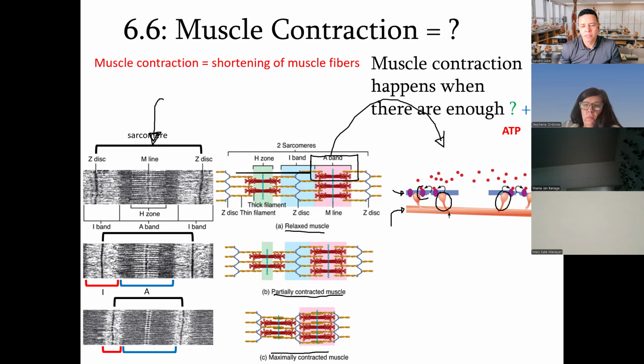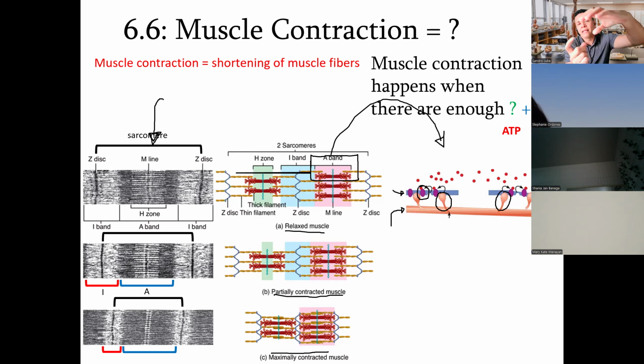Folks, everybody look up, please. This is what we call a regulatory protein. What is this regulatory protein doing? This regulatory protein on the thin filament prevents the myosin head from binding to the thin filament.